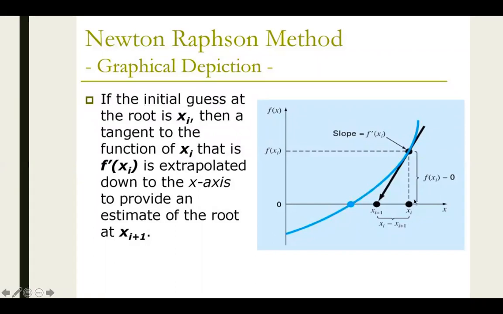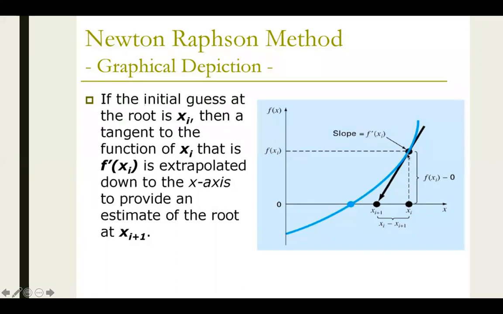We will find the value of the function f of x at that point. Also, we will find the slope, or the derivative of the function, at x naught, sorry, at xi. This derivative gives the tangent to the curve at that point.